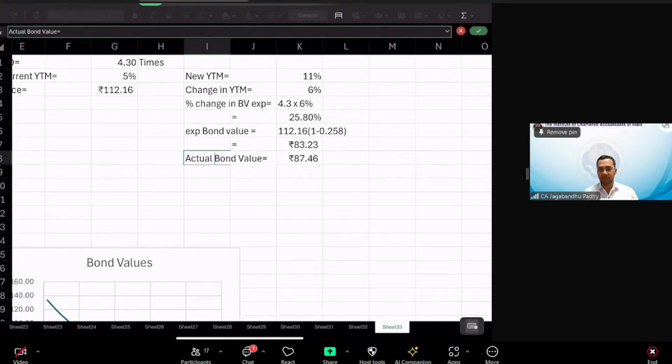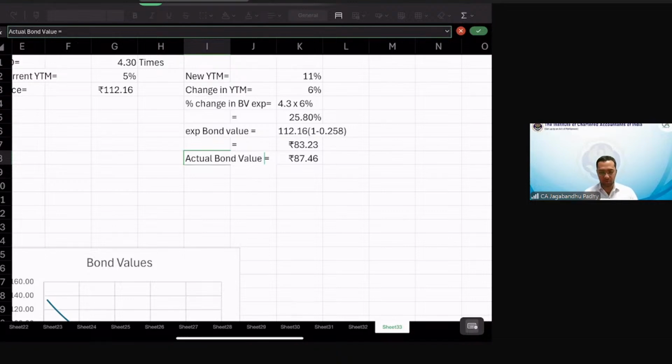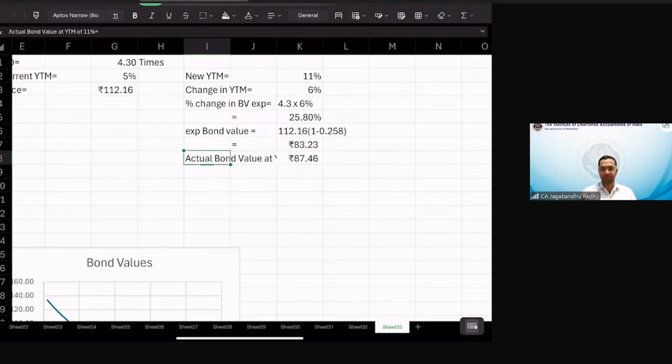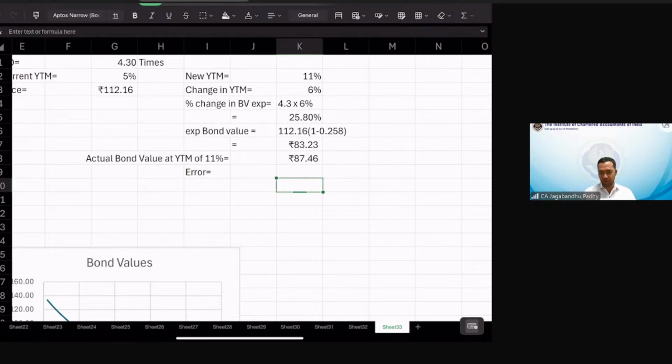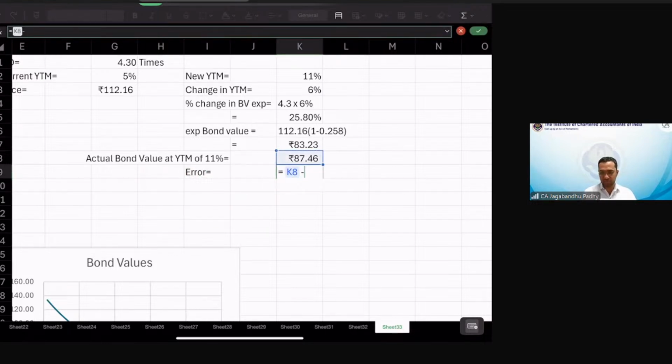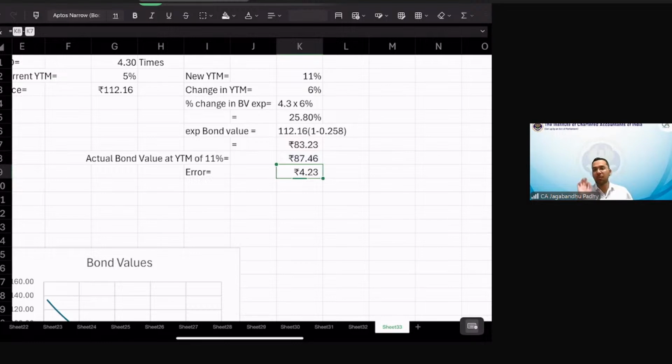Yes. Correct? Because earlier the error was maybe small, but now we can see the error is very profound for a 6% change in the YTM. So the error is essentially 87.46 minus 83.23, which is 4.23.